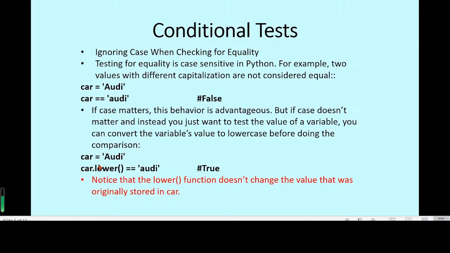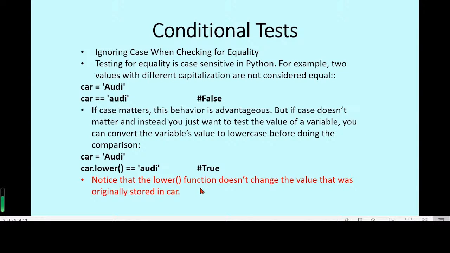So we again assign the value Audi in title form to car. Then we check the condition if the value is equal to audi in lowercase. But before we run this double equal sign, we add car.lower() to transform the car's case to lowercase before we do the condition test.